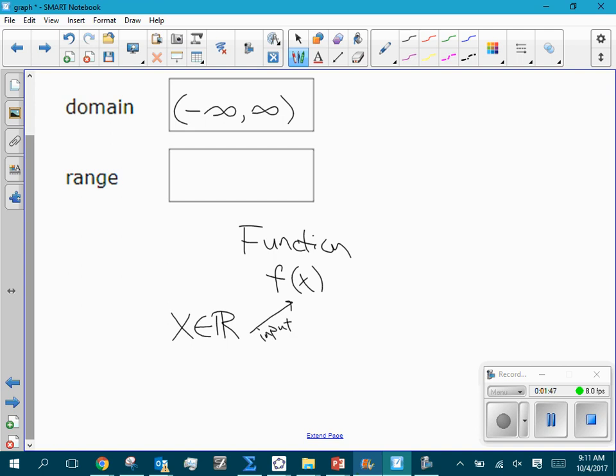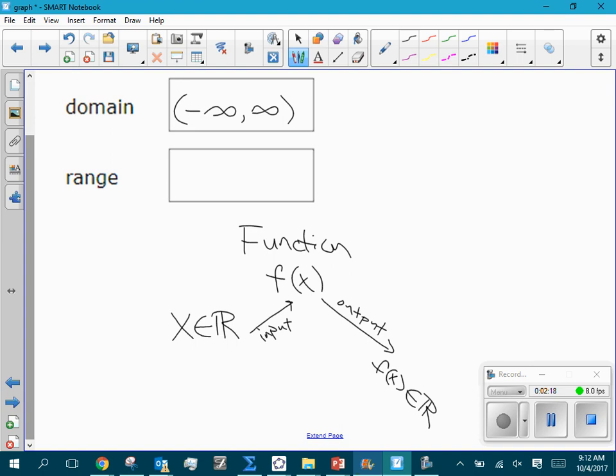And if it is part of the domain, it should give you an output number that is also an element of the real numbers. That makes sense? So if x is part of your domain, you should be able to plug that into the function, do all the operations inside the function, and it'll spit out a number, and that number should also be part of the real numbers.